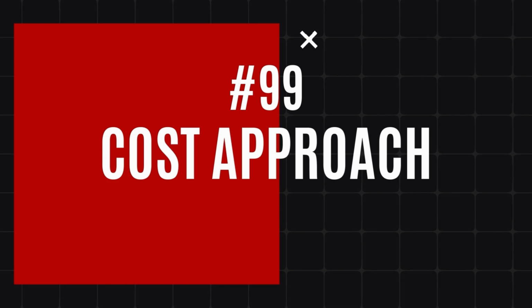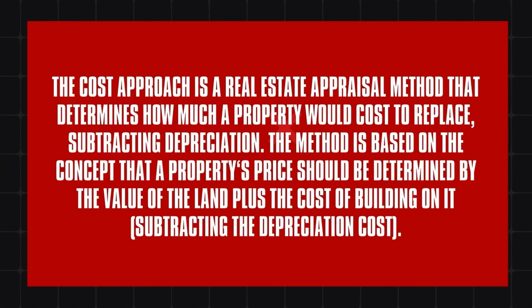The cost approach is an appraisal method that's all about figuring out how much it would cost to replace a property. It's like estimating the price of a puzzle. You consider the value of the land, aka the puzzle's frame, and the construction cost, aka the puzzle's pieces. Then subtract depreciation, aka wear and tear.